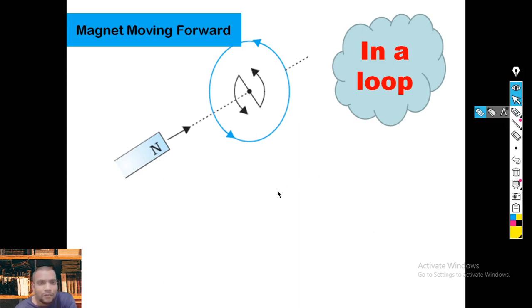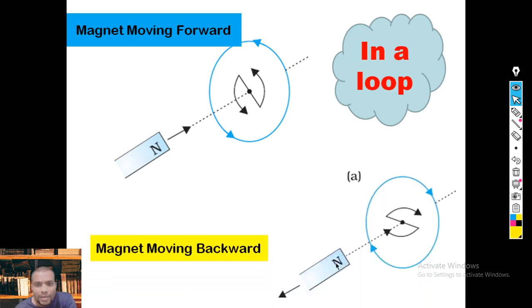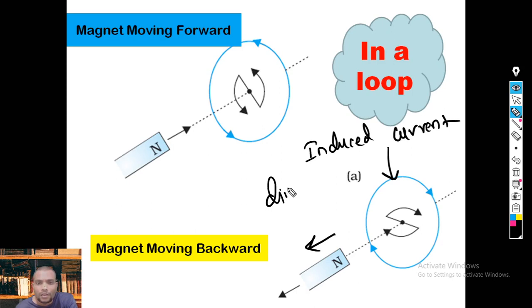And when the bar magnet moves away from the loop, the magnetic field lines are moving away. In this case, the induced current direction changes in the loop. Why does it change?